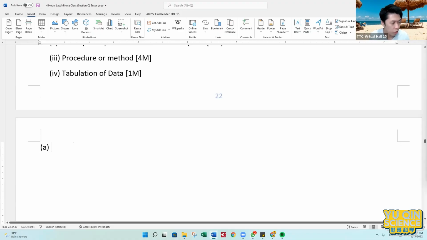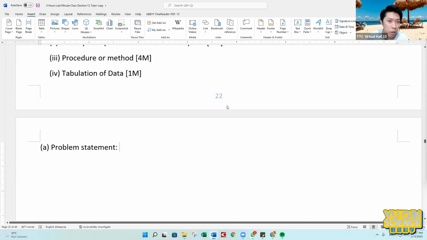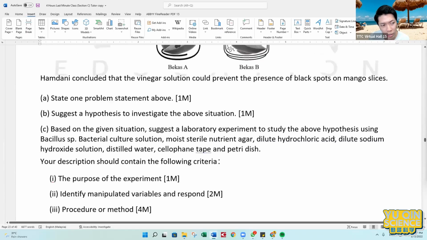Shall we, everybody? A is your problem statement. You always want to start with your problem statement as a question, so you must have a question mark behind. But before that, we need to find out our manipulated and responding variables, which will help in your sentence.